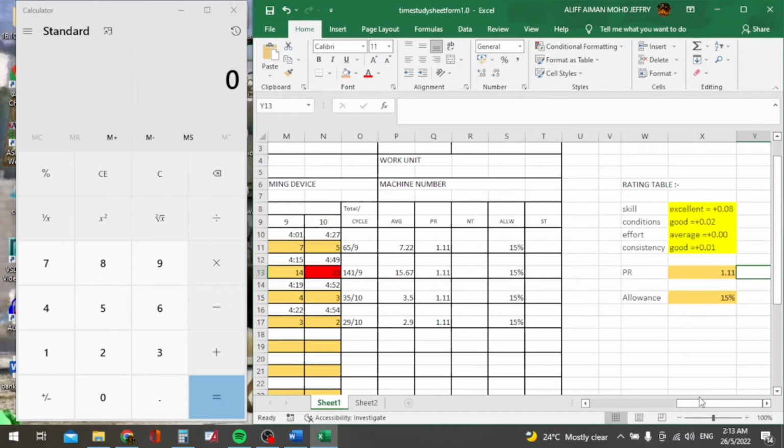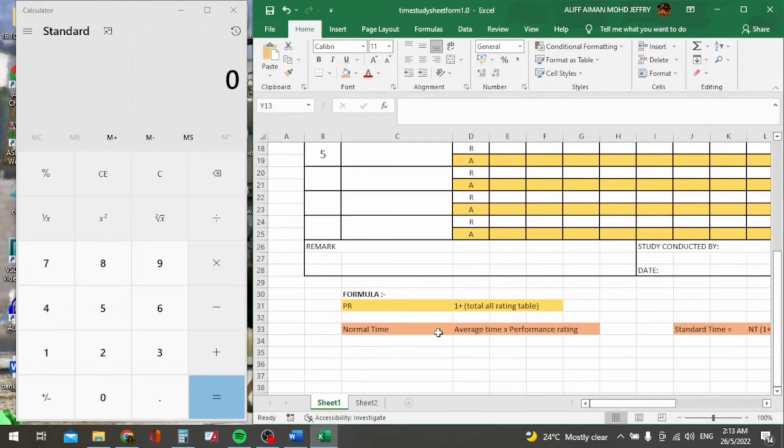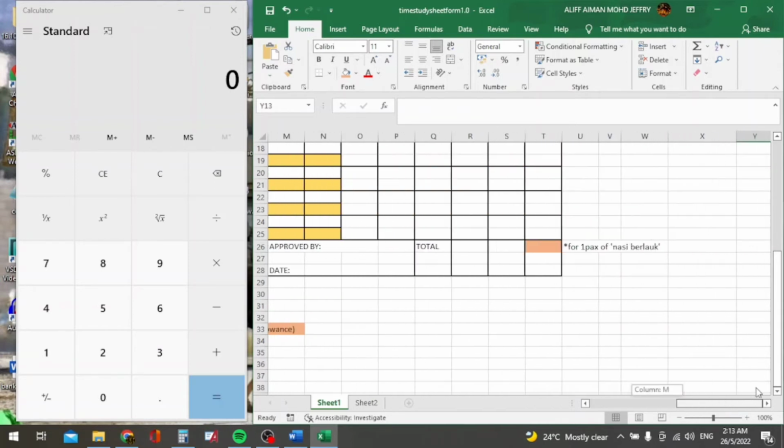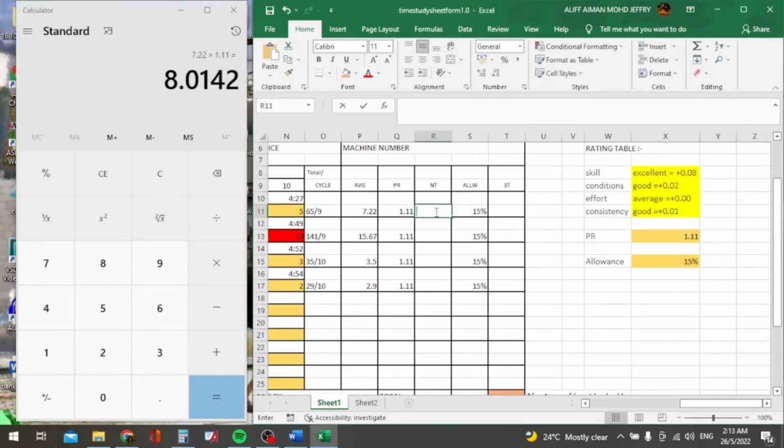For the normal time, we must use the formula: average time multiplied by the performance rating. So let's calculate it. Normal time for element 1: 7.22 multiplied by 1.11, we get 8.01.